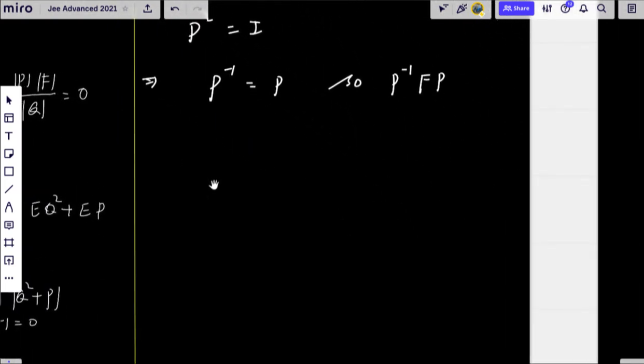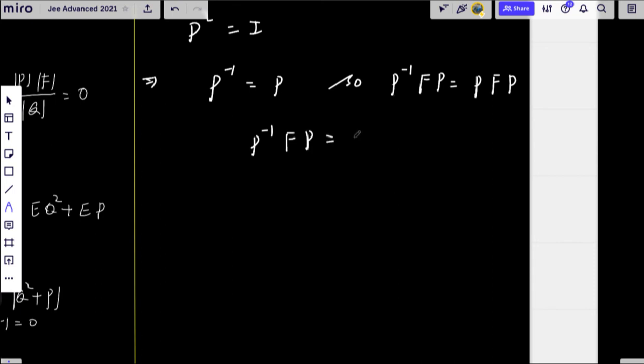So P inverse of FP, we can say, is PFP. Can't we write like this? So P inverse of FP is equal to PFP.